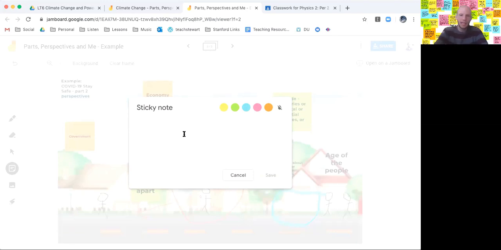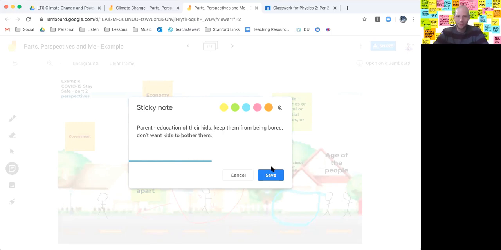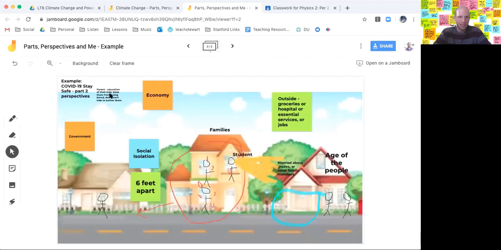They have kids, and the parent here wants to think about the education of their kids, or keep them from being bored, or, if they're the parent, they won't want their kids to bother them. So we'll add all those notes there. I'm going to move that sticky note right down there to think about the parents' perspective and what they might be thinking about.